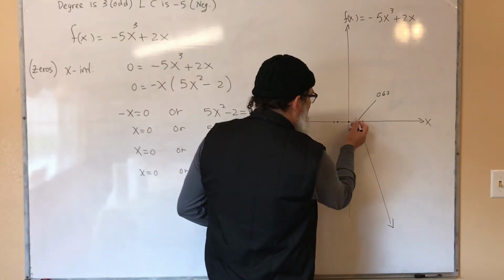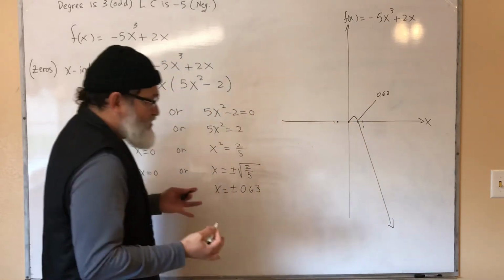It's going to go up, and then it has to come down and cross back at x equals 0.